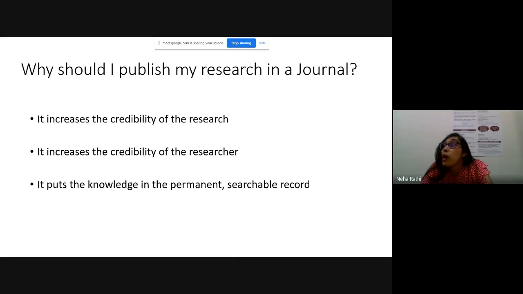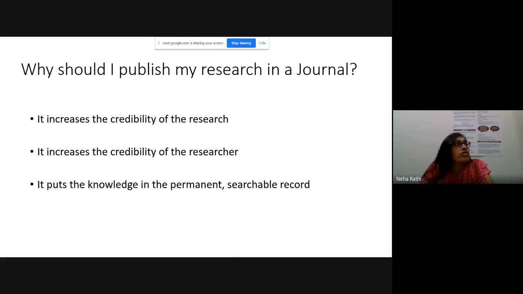Everybody must wonder. Even I used to wonder until I came to know about these three reasons why it's important. The first is that it increases the credibility of the research. How can an article increase the credibility? The very important thing is that when you submit an article to a peer-reviewed journal, your article goes for review by experts in that area.